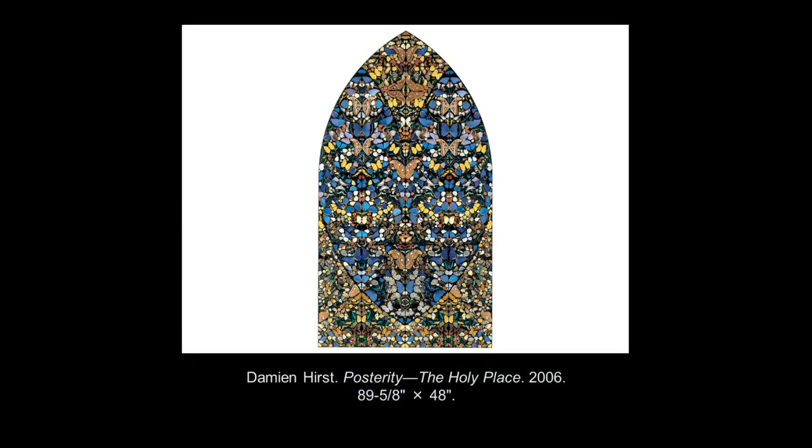And so sometimes symmetrical balance can be a little boring or less interesting. It can have almost too much unity because we know what to expect from side to side. There are a few works that are perfectly symmetrical, and this is one of them, Posterity, The Holy Place by Damien Hirst.